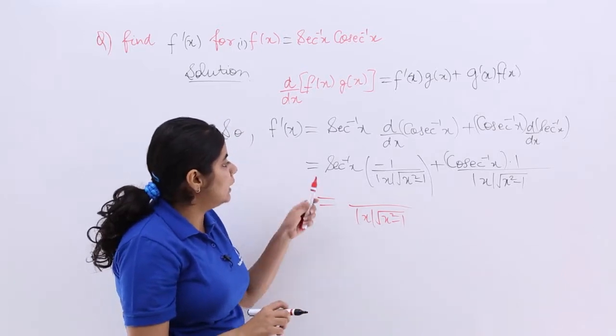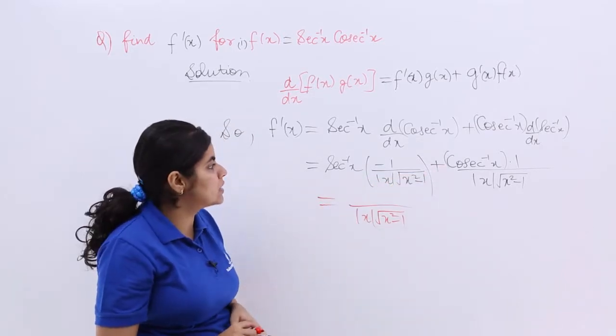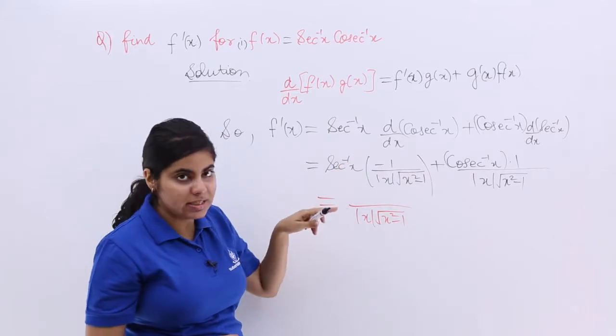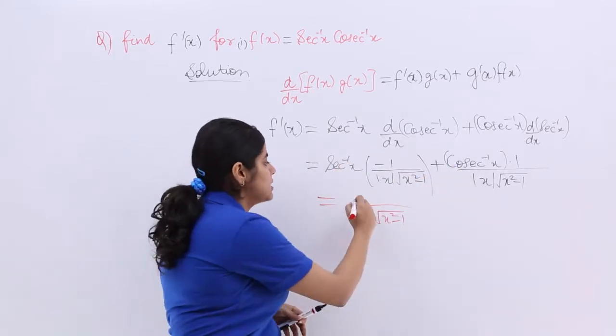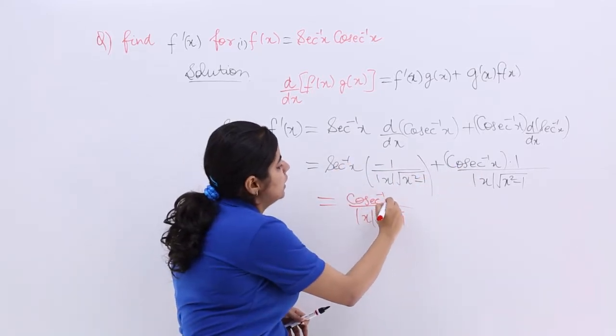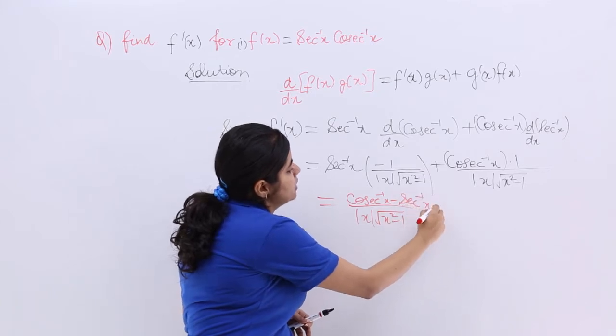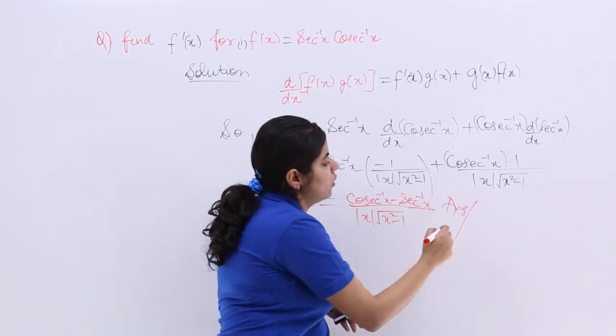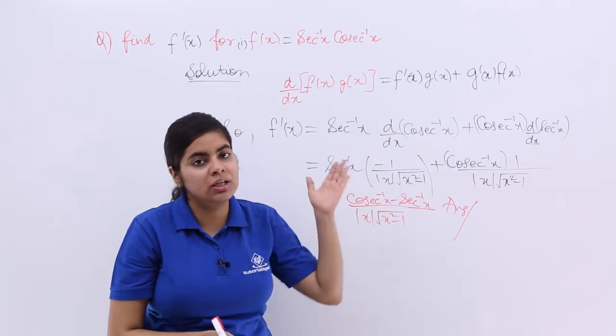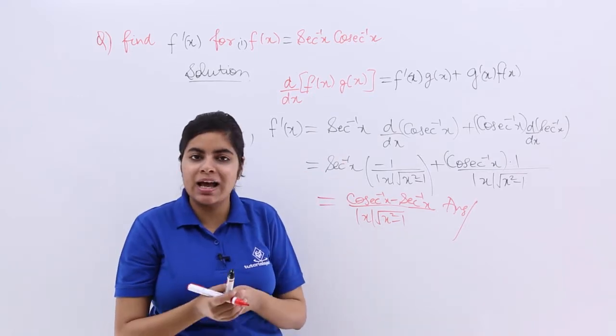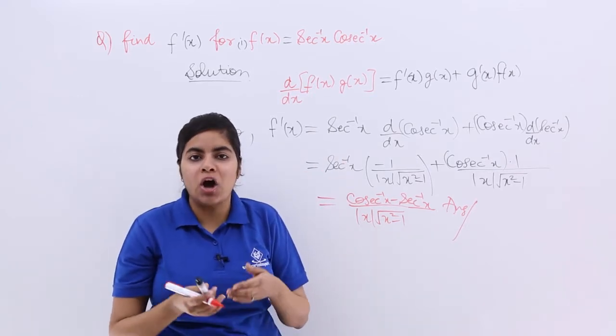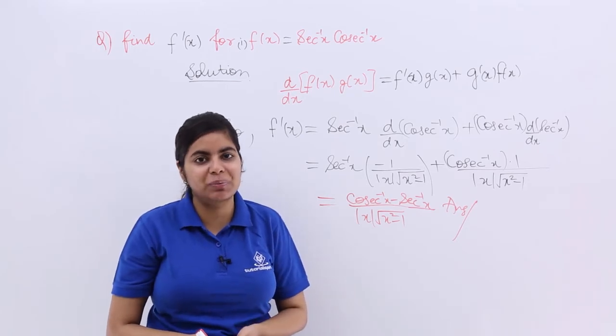Upwards, in the numerator, secant inverse x and cosecant inverse x, but here there is a minus sign and there it is not. So let's write it properly. It becomes cosecant inverse x minus secant inverse x, and that is your answer to this question, which was based on the product rule as well as the chain rule of differentiation of inverse trigonometric functions.